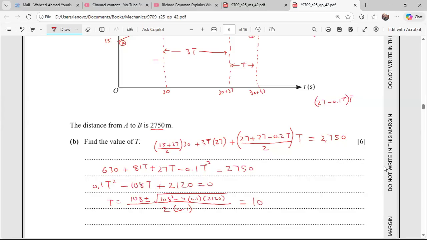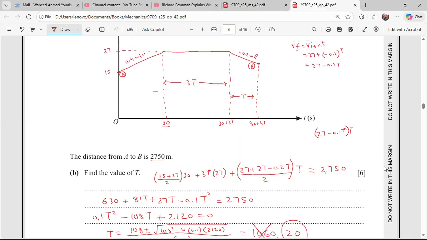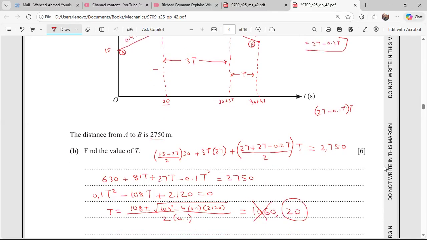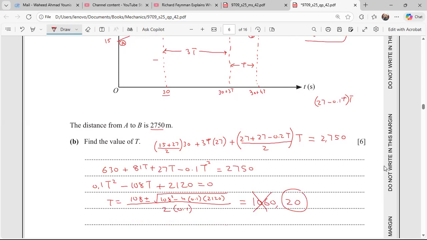One is 1060 and the other one is 20. By assuming these magnitudes, you can guess this is going to be 20 and not the other one. And we can prove that this is not true, because if I assume this much time, then the speed which I calculated here is going to be much negative. So 1060 is not a realistic value, so the right value of t is 20.